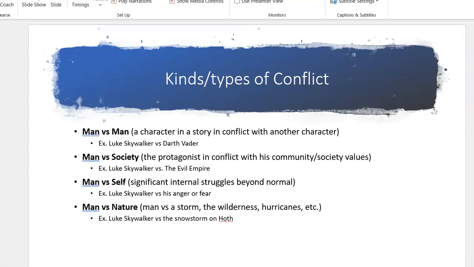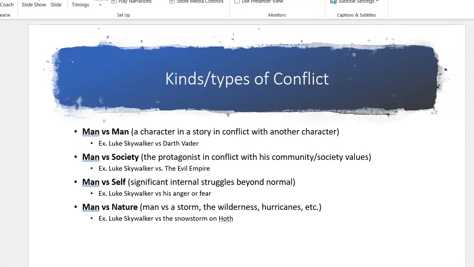Underneath, you could probably say there's always some sort of internal struggle going on. So while Luke Skywalker in Star Wars typically has external conflicts primarily with Darth Vader, Darth Vader, of course, is the epitome and representative of the evil empire. And only that until he finds out, of course, that's his biological father.